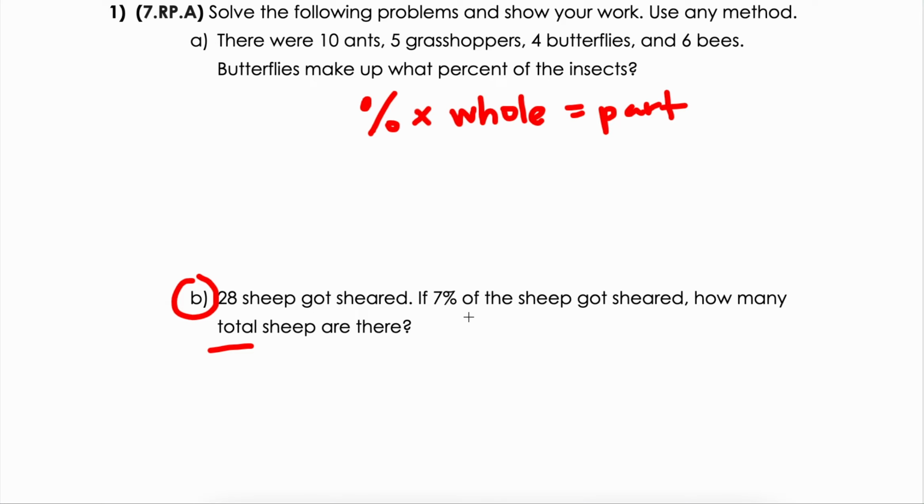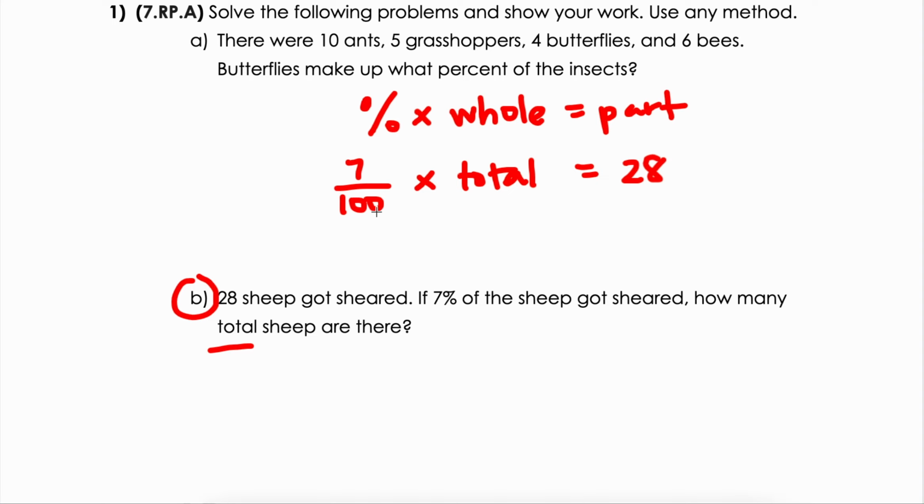I have the percent, 7% out of 100. I need to multiply by the total or the whole. I don't have that, so I can just write total there. And that equals my part, which is 28, because 28 sheep got sheared. That's out of a total that we don't know, so that's only part of the total.